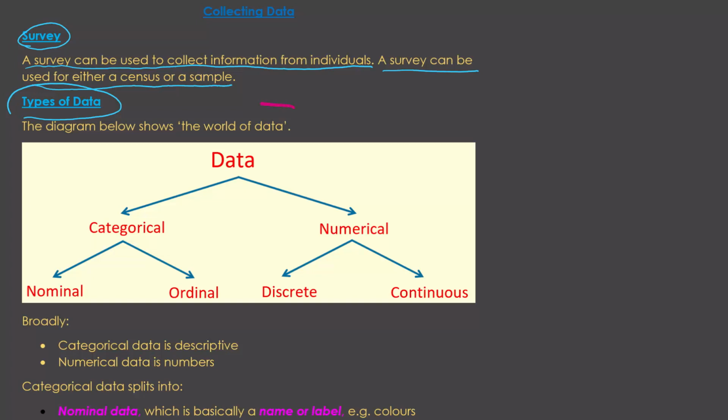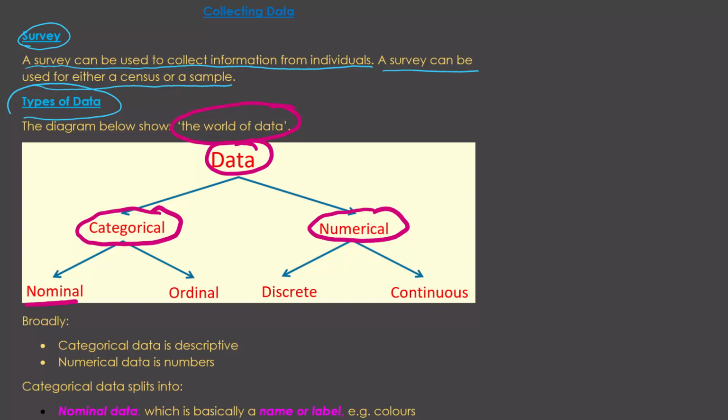So if we consider this to be the world of data, so here's our data, what you really need to know in year 8 is that it splits into categorical data, which is descriptions like eye color and hair color and so on, and numerical data, which is basically numbers like people's heights, weights, the number of passengers in a car, and so on. However, they do further split, and we will talk a bit about that, even though you don't really need to know it yet.